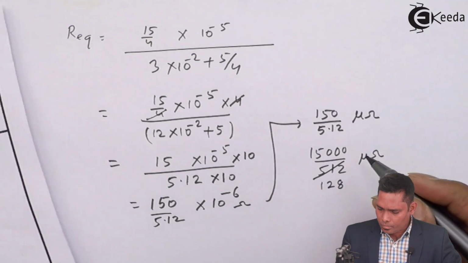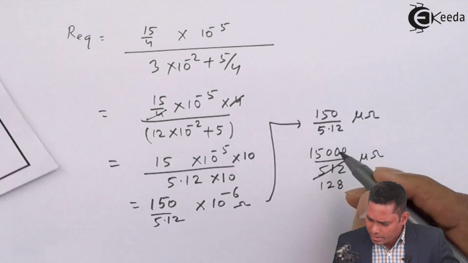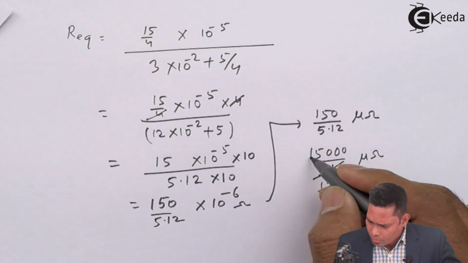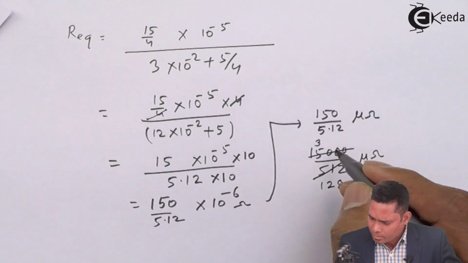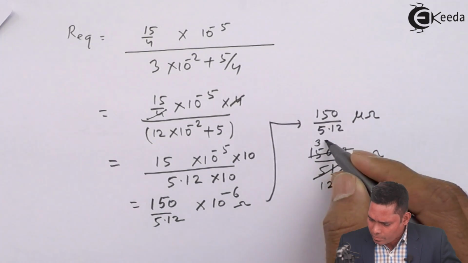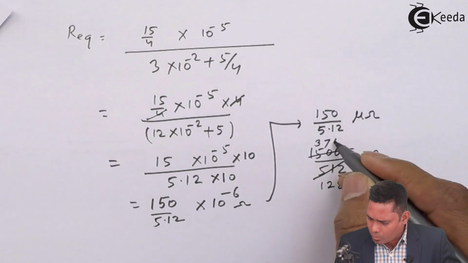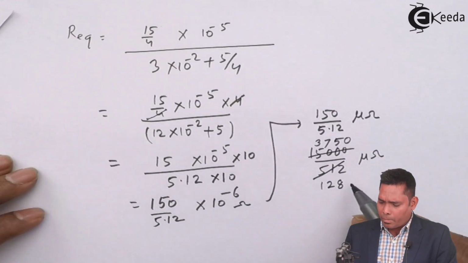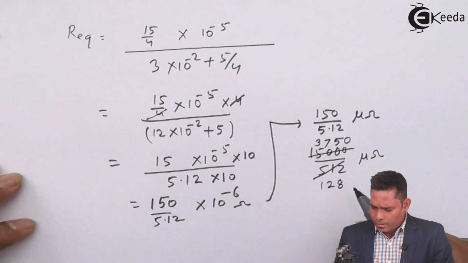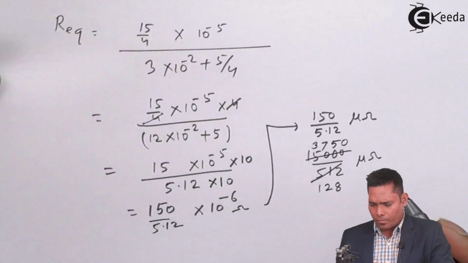Now if I divide by 4, then I get 4 3s are 12, 4 7s are 28, 4 5s are 20, 3750. Again I will divide by 2, then I will move to the next page.